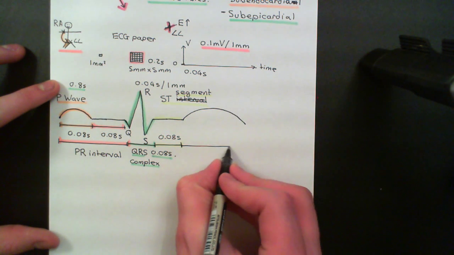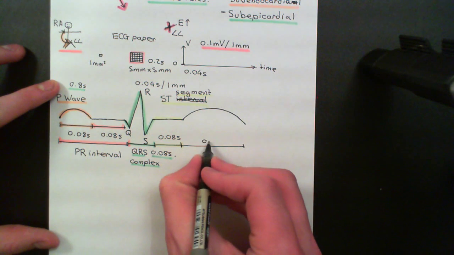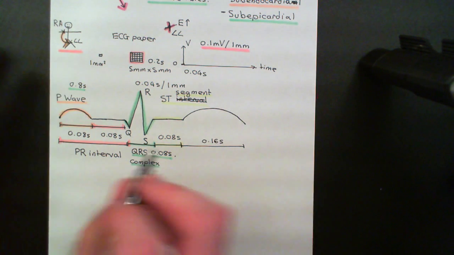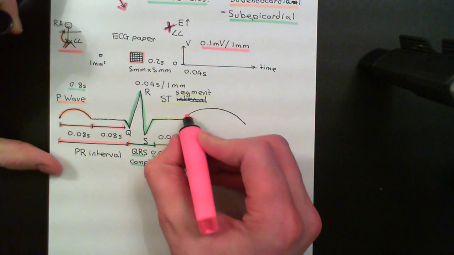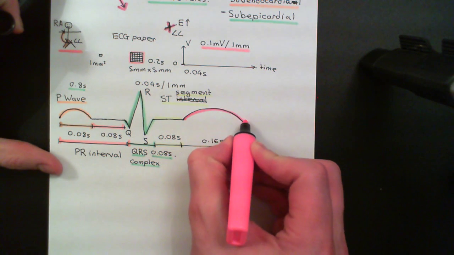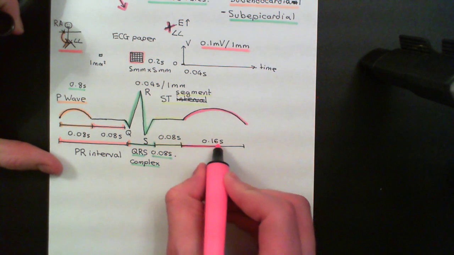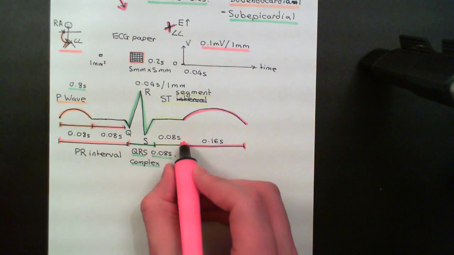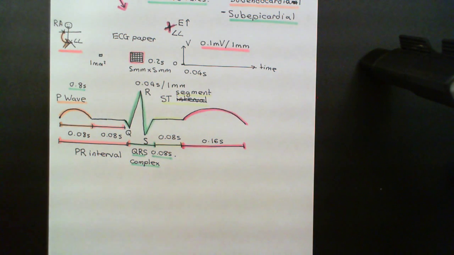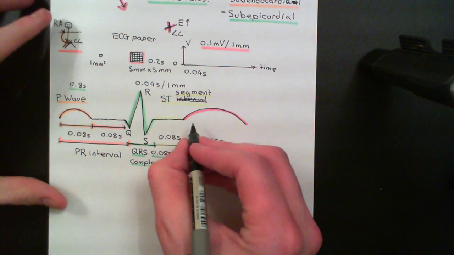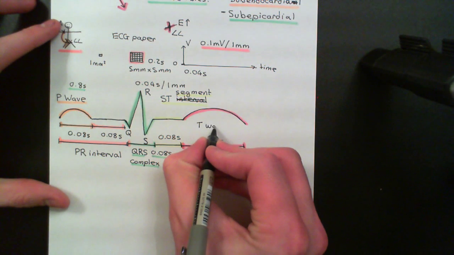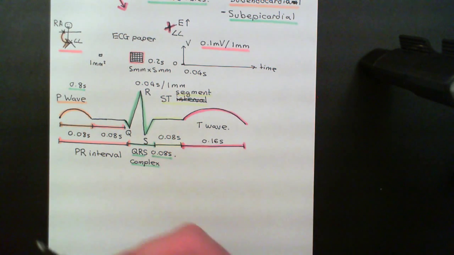This is going to last for approximately 0.16 seconds. I'll have this in purple here, and we'll see that this represents ventricular repolarization. We've talked about how that has a cardiac vector as well. So this is the T wave here.